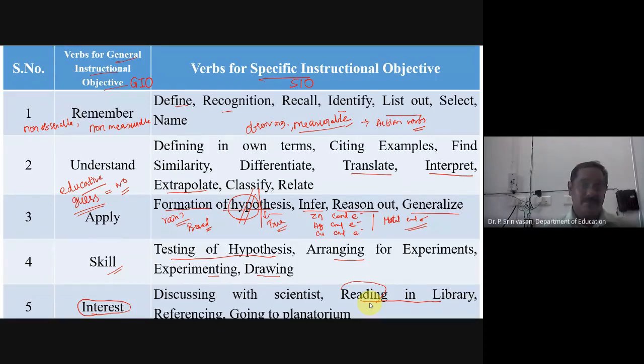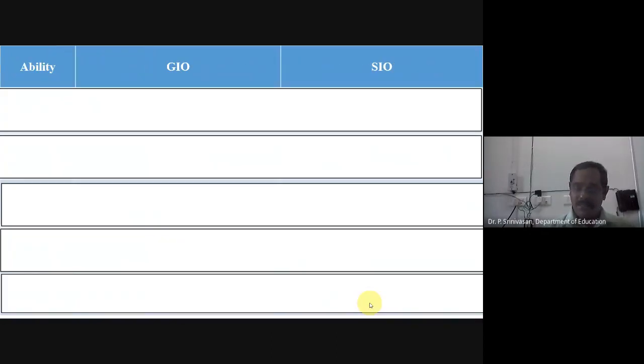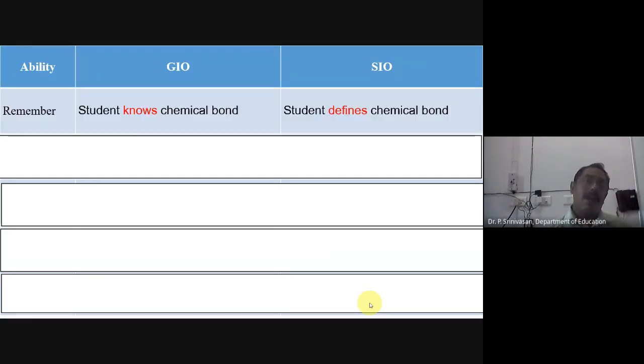Now we are into the writing part. Again I go one by one. If I explain this example, you can easily understand the remaining four examples. I have taken the ability remember, directly from Benjamin Bloom.